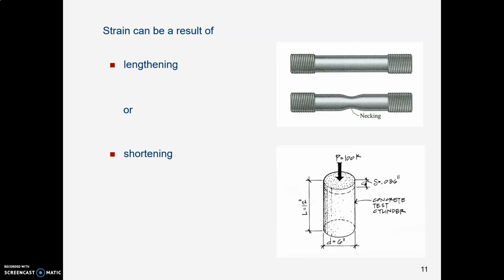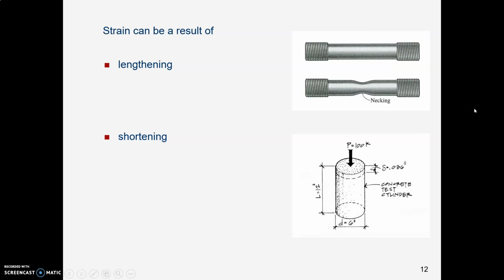And strain, deformation over length, could be a result of something getting longer, like stretching out this steel bar and it lengthens, or it could be a result of something getting shorter, like putting a big heavy load on this concrete test cylinder and it gets shorter.